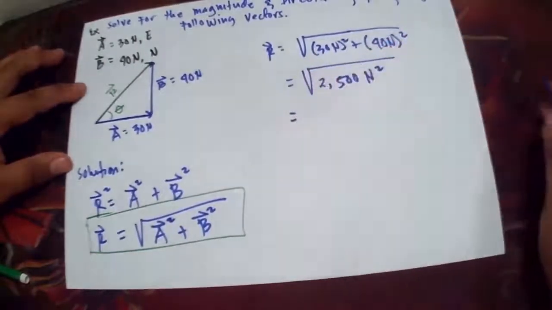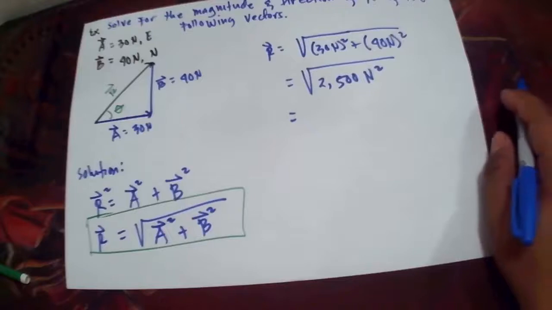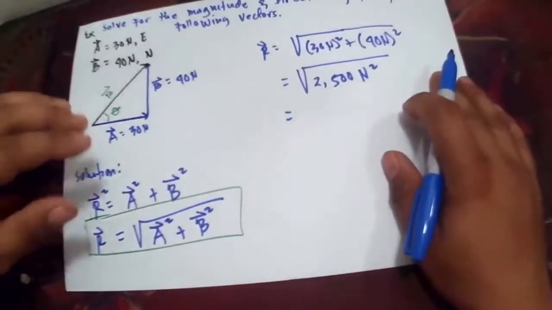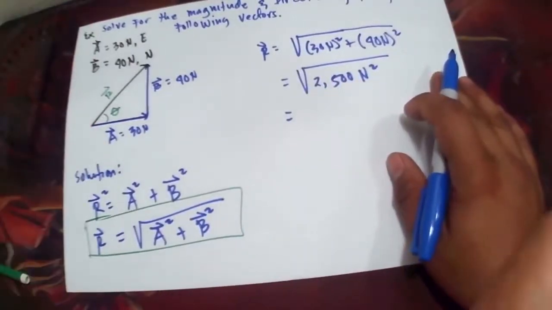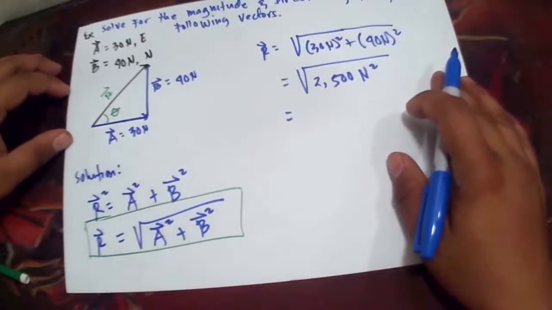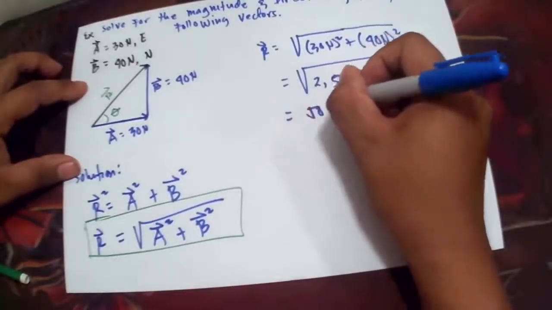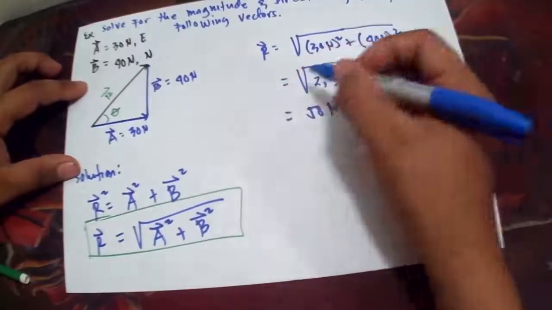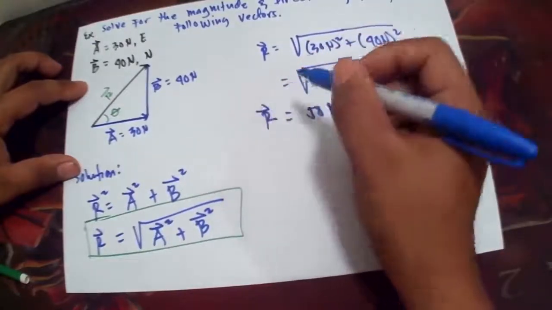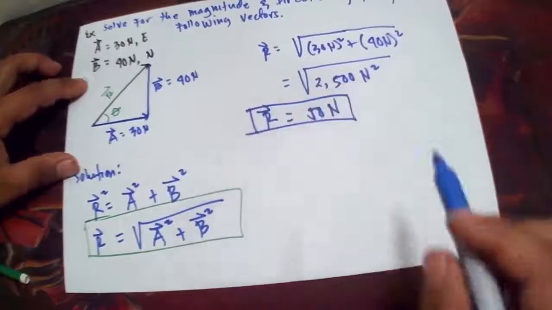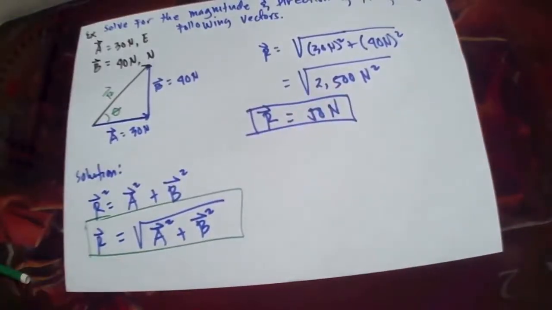This is equals to the square root of 2,500, you can recheck this one in your calculator, will give you 50 newtons. So resultant vector here is equals to 50 newtons.